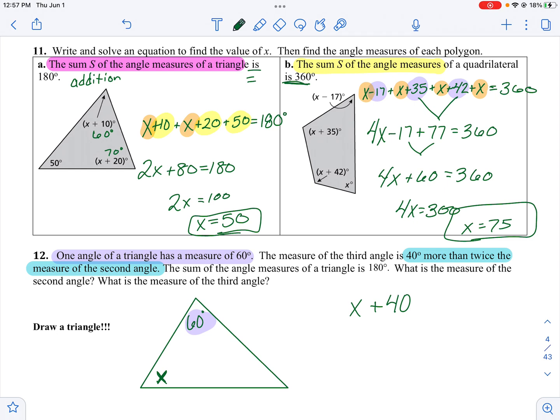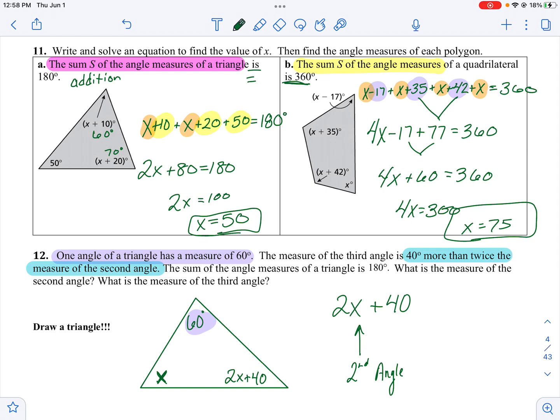How do I do 40 more than twice the measure of the second angle? Well, if this is the second angle, then twice that second angle, or 2 times that second angle, would be 2x. So this third angle has to be 2x plus 40.